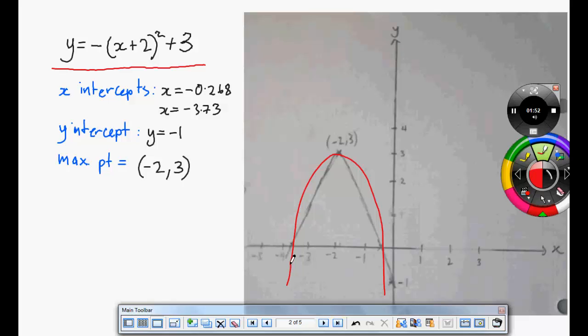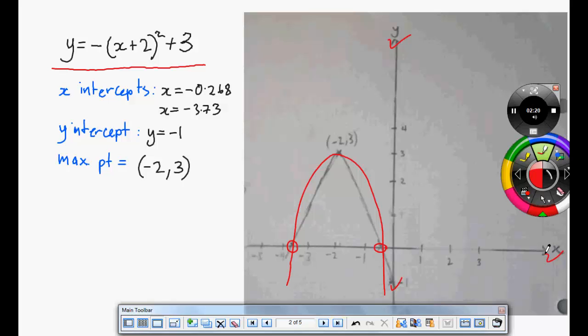Anything wrong with this sketch? Any other thing? The equation of the curve is not given. How about the x-intercepts? You need to label the x-intercepts. There are no labels. Please label the x-intercepts. The y-intercept is labelled, and the y-axis and x-axis are okay.